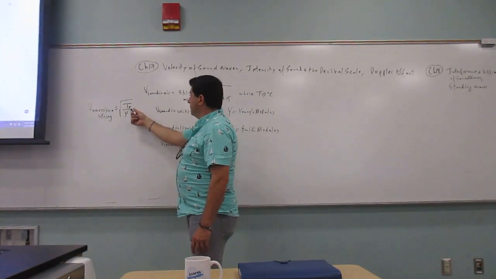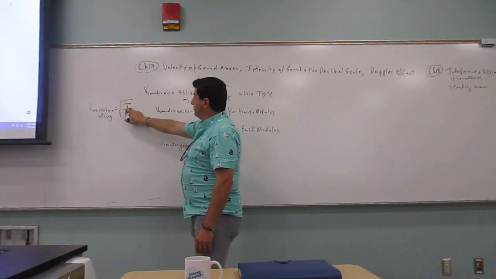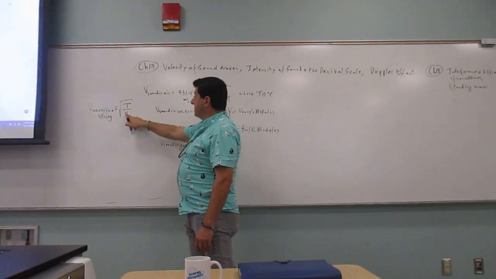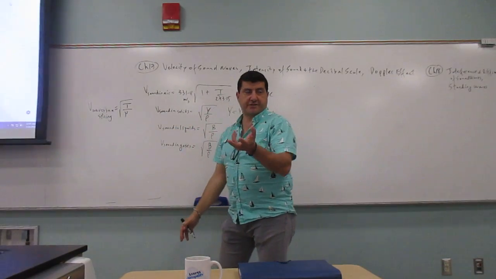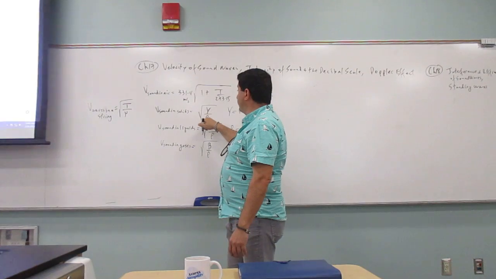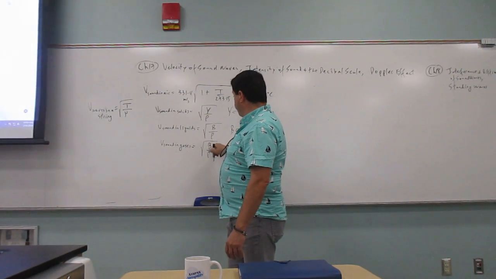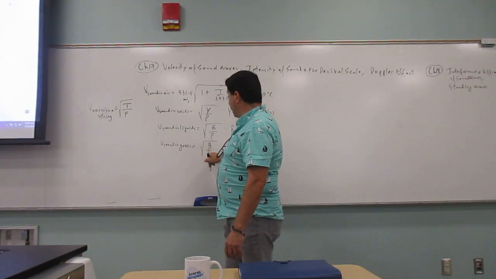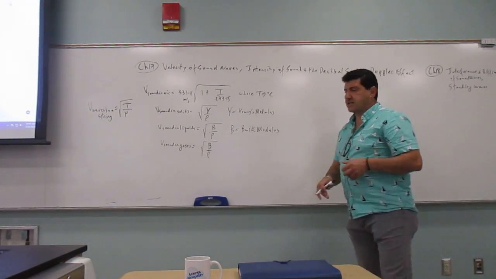So notice it resembles that. On the top you have some quantity, in this case the tension of the string, divided by some property of the string, which is the mass density. This is the mass density of the solid, this is the mass density of the liquid, and this is the mass density of the gas. You see? So it's kind of similar.